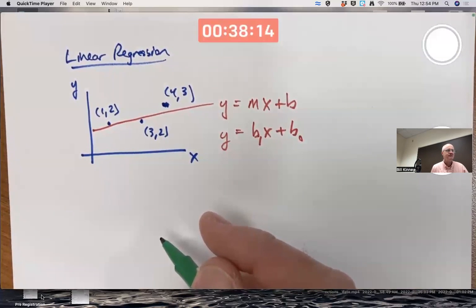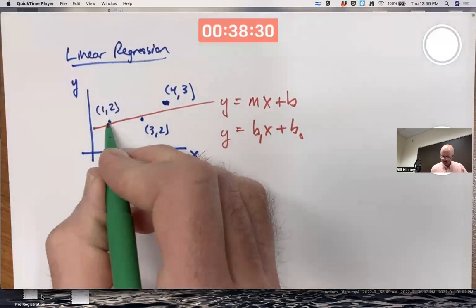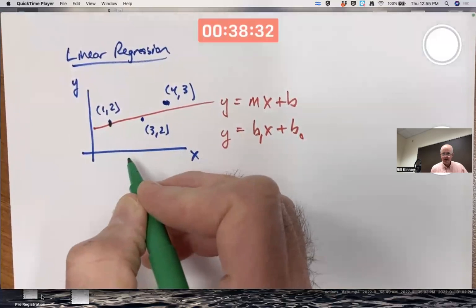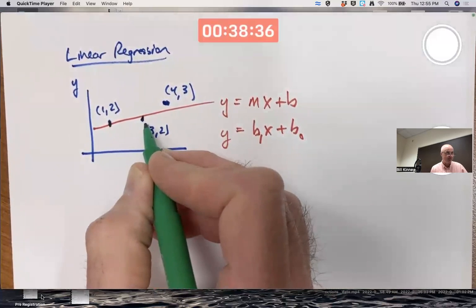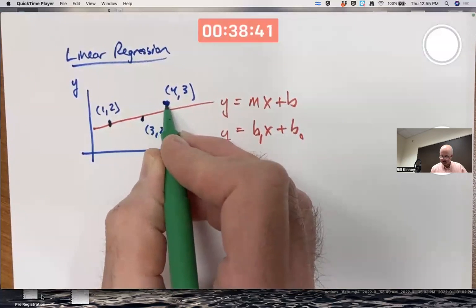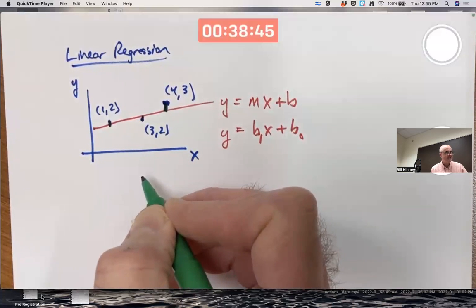What's a residual? A residual in this kind of context is a signed distance, a signed error. By signed, I mean S-I-G-N-E-D, as in plus or minus. This vertical distance, which is pretty small, gets squared. This vertical distance, which is pretty small and negative because the point is below the line, gets squared. And this vertical distance, which is a little larger, seemingly, gets squared as well.